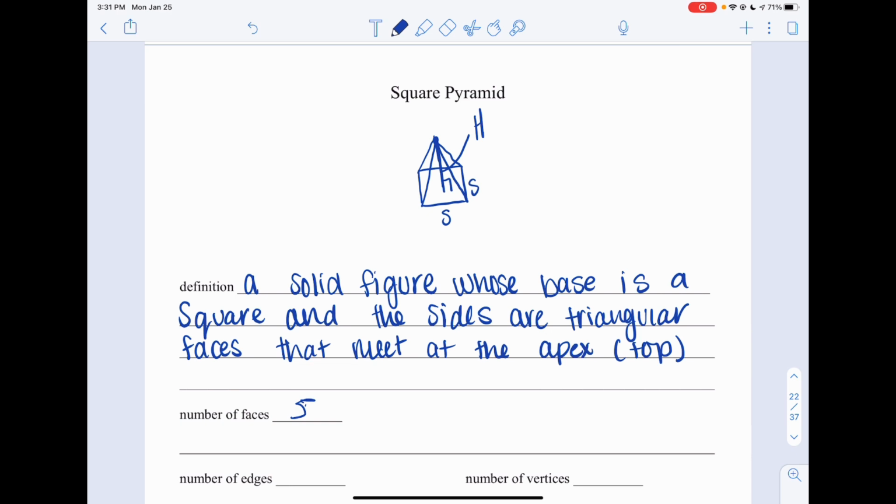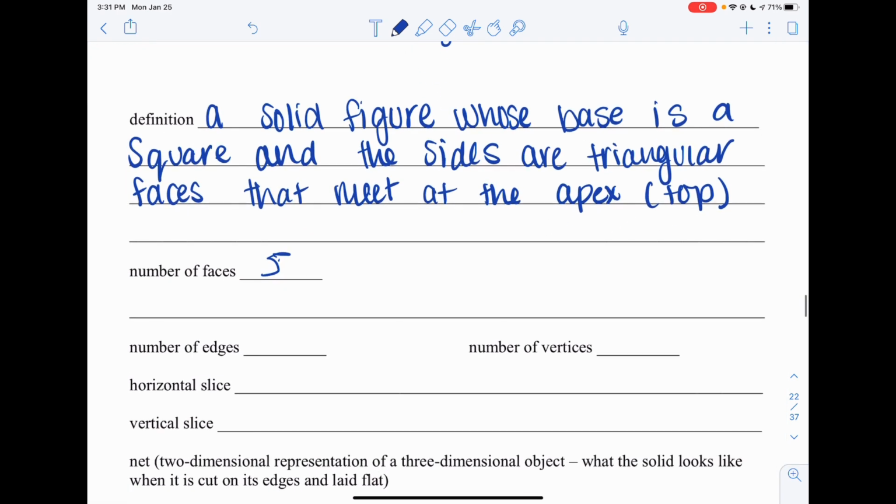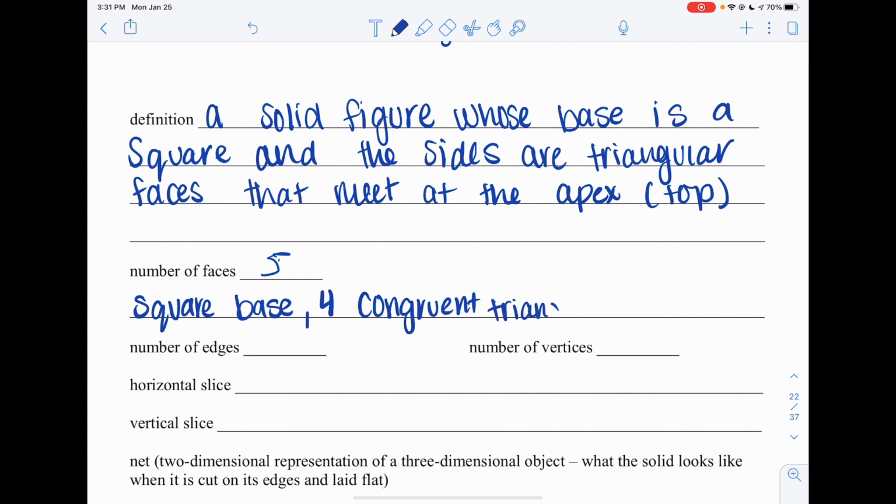And what those 5 faces are going to represent, they represent the square base, which we talked is at the bottom. And they also represent our 4 congruent triangular faces because they all have the same measurements.